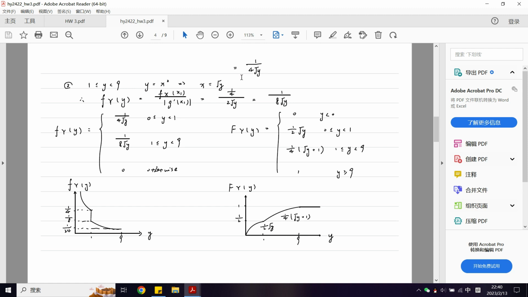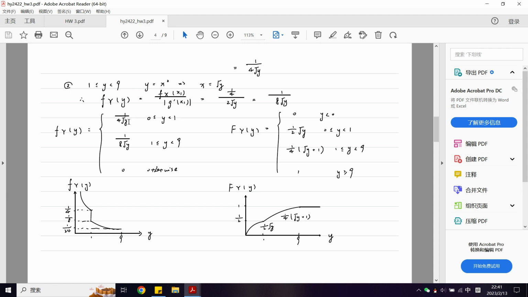And in the second condition, y is from 1 to 9, and at that time x will only have one root, which is square root y. So we still put this into the formula and finally find that when y is from 1 to 9, small fy equals the reciprocal of 8 times square root y.